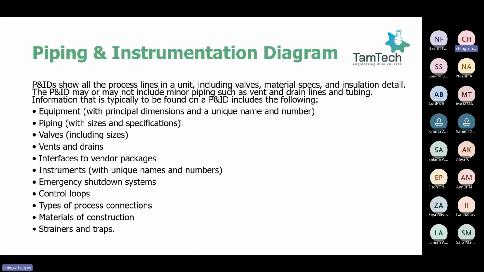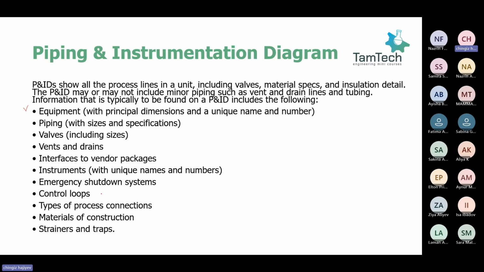In this diagram, we need to show everything that you see with your eyes when you visit a chemical plant. This includes every detail of equipment, every detail of piping, valves, if we have vents and drains, if we have any instruments, any emergency systems, any control loops.